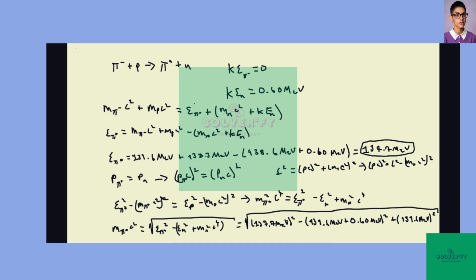And we work through all of this, and we come up with the rest mass energy: m pi c squared is equal to 133.5 MeV, or the mass of the neutral pion is just equal to 133.5 MeV per c squared. And there is your final answer.